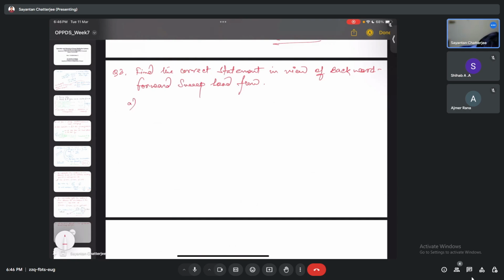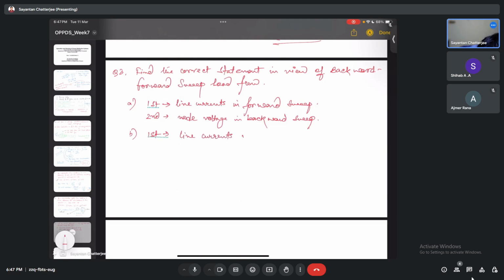First, line currents in forward sweep. Second, node voltage in backward. First, line current in backward.